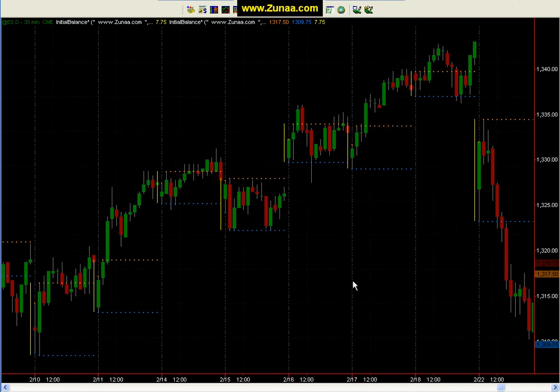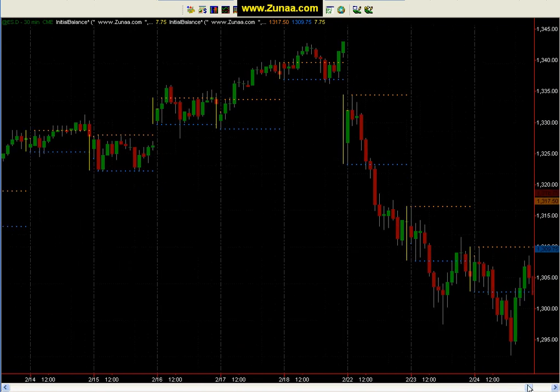You can also use it as a method for determining ranging price action or trending price action with respect to how quickly price moves beyond the initial balance. There's also days where you have the initial balance set, then we go into a consolidation, and then we expand it in the afternoon.